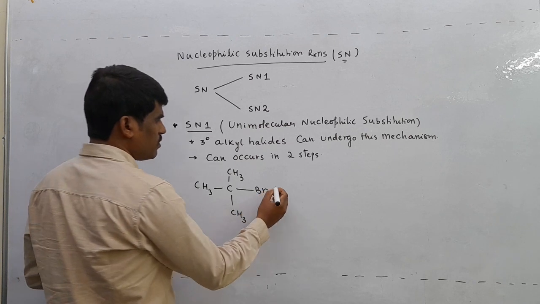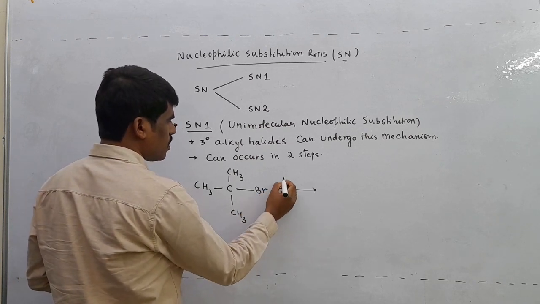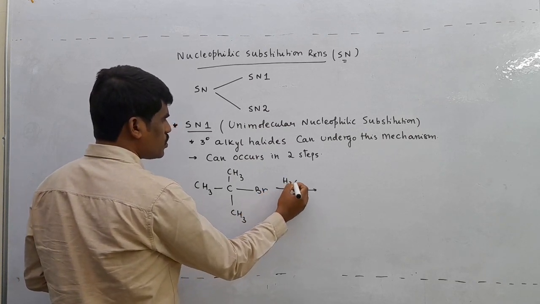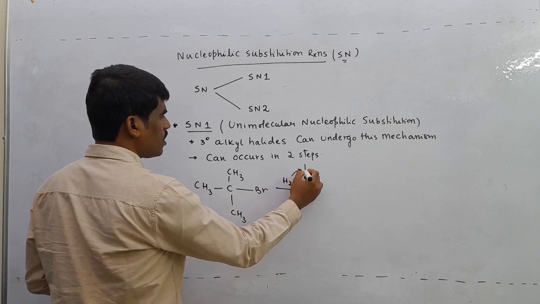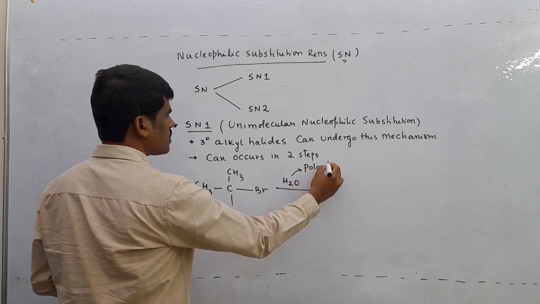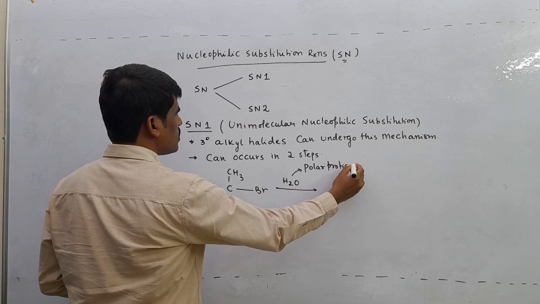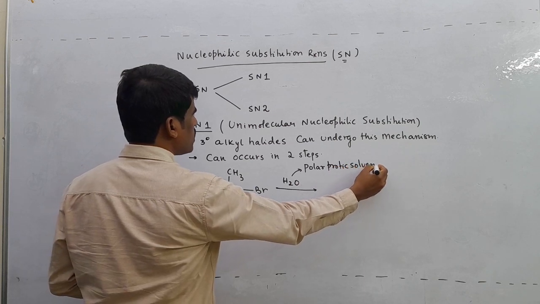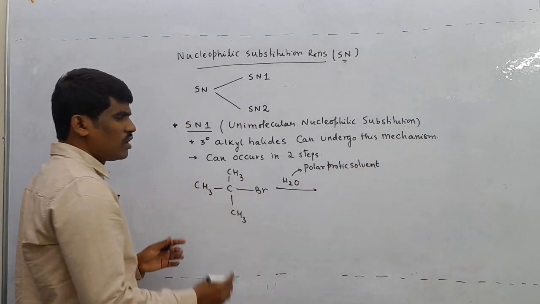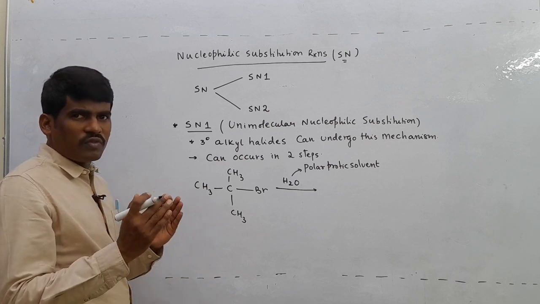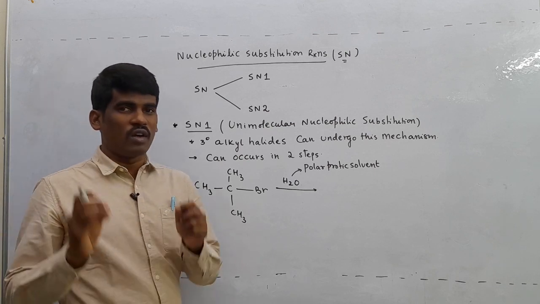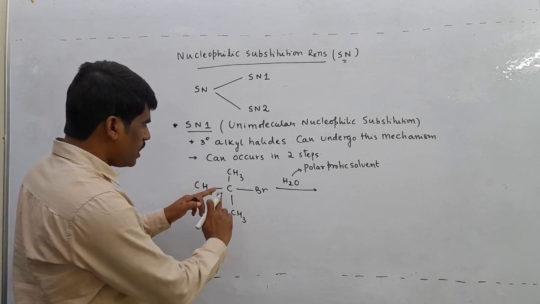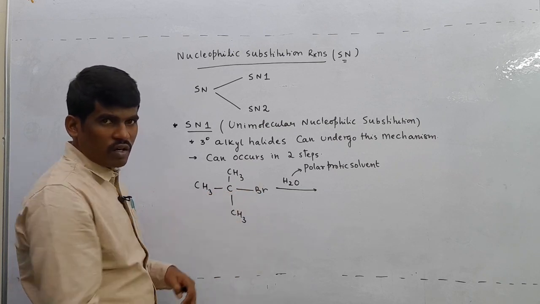Now we will be using a solvent like H2O, which is an example of a polar protic solvent. This solvent provides a certain amount of energy in the form of solvation enthalpy to break this carbon halogen bond.